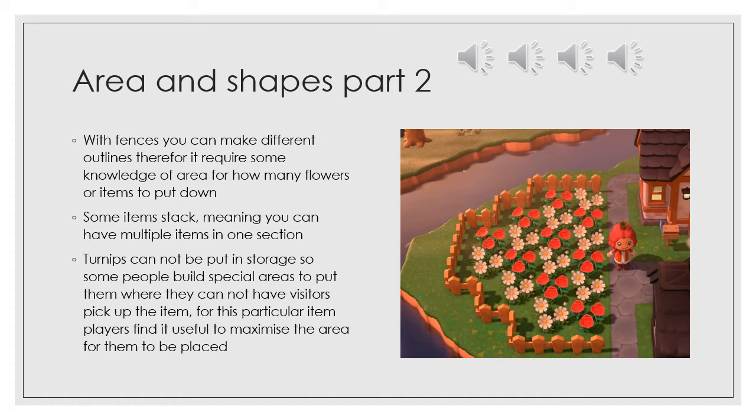There are also some items that stack and they cannot be put into a storage system, so you may build areas like this to store them. Turnips, for example, are one of these items, so people often build special designated areas for their turnips.